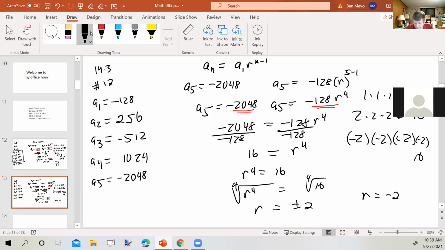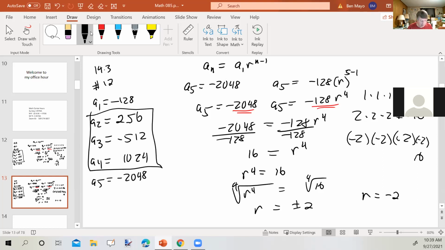And 1024 times negative 2 is negative 2048. So this was just their way of saying r is negative, but you had to figure that out in terms of how you could get 2 positives and 1 negative. So again, these would be the 3 geometric means that are inserted.